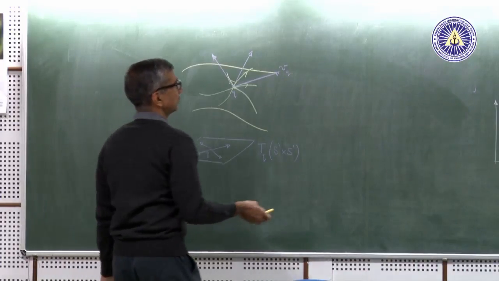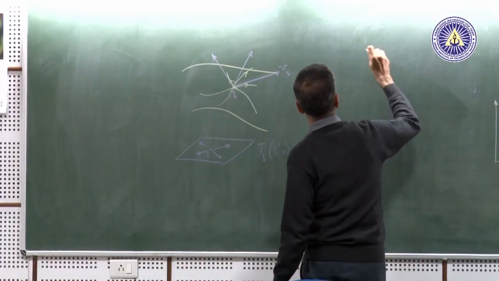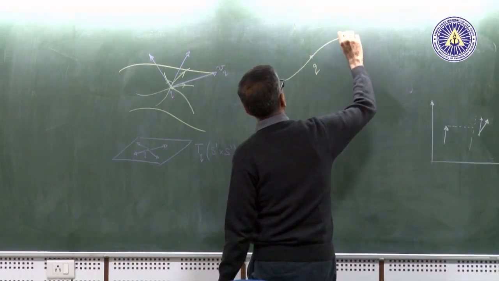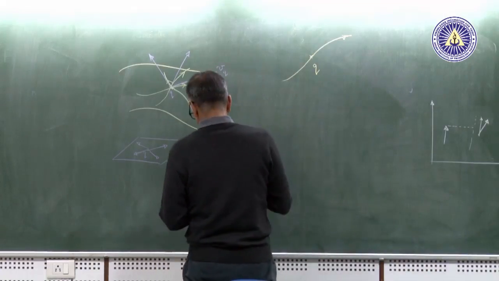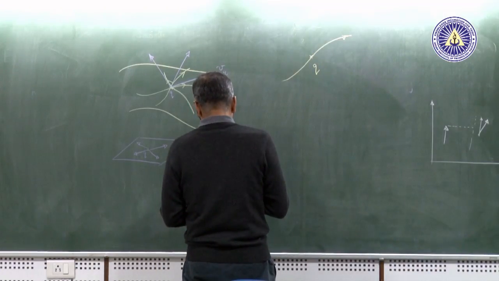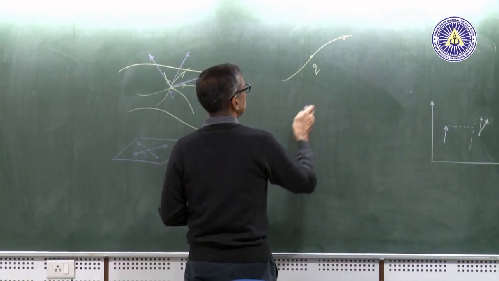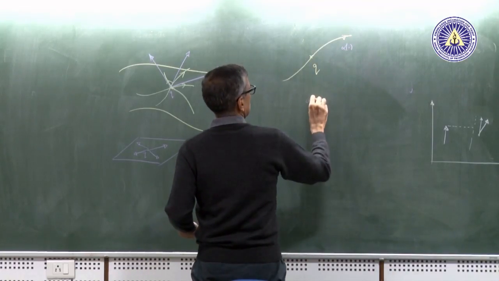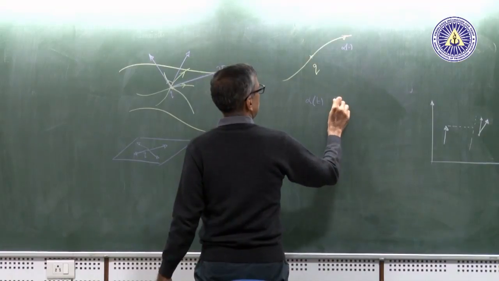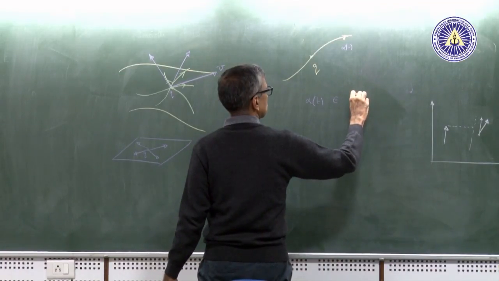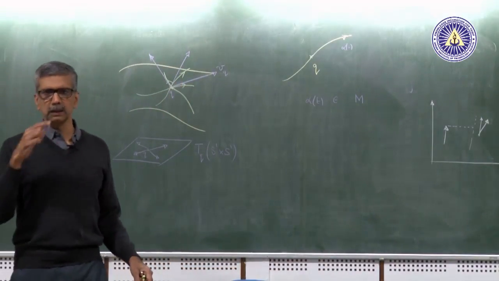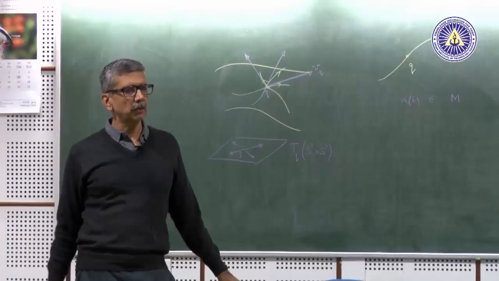Now, how do I get them? I get them in the following sense. If I have identified a point q and I draw a smooth curve, let us call it alpha(t). Alpha(t) belongs to the manifold M, and we are considering these manifolds as sitting in some ambient Euclidean space.